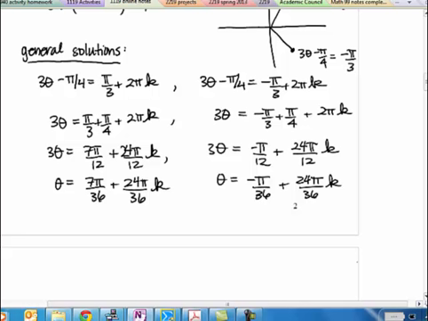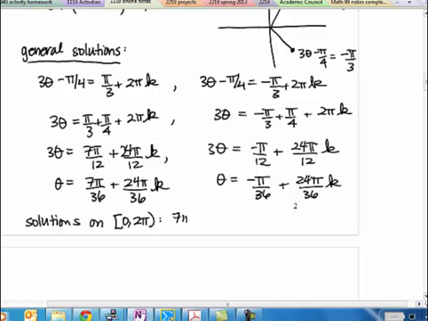So I've got the general solutions, and now I want to get the specific solutions on the interval from 0 to 2 pi, since those were the instructions. Alright, so if I start with 7 pi over 36, I want to add or subtract multiples of 24 pi over 36, keeping everything less than 2 pi and positive.